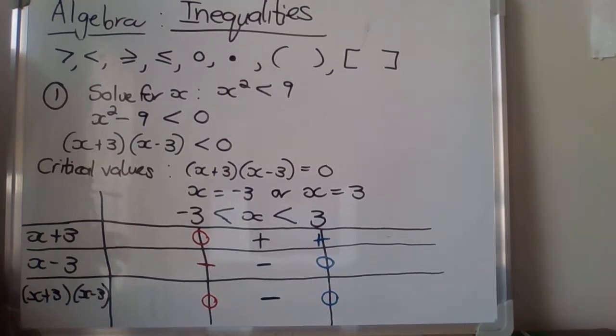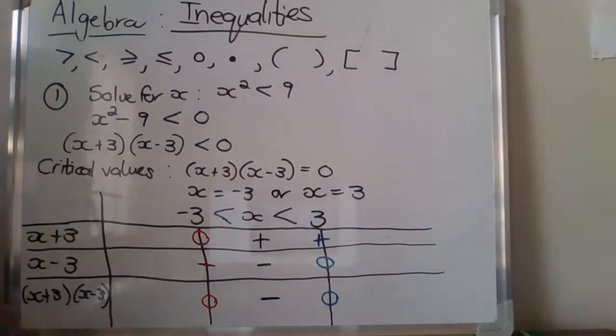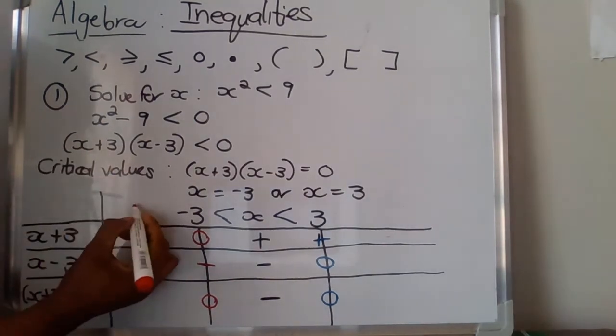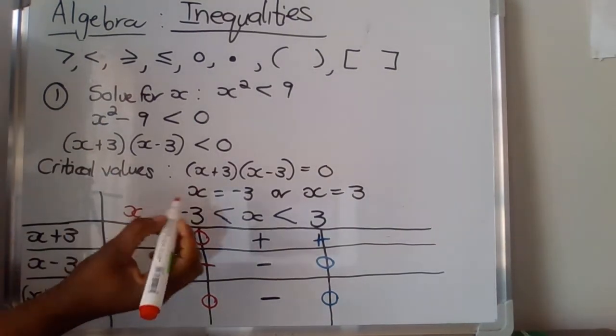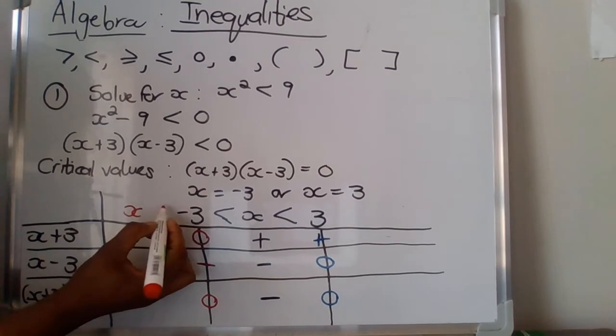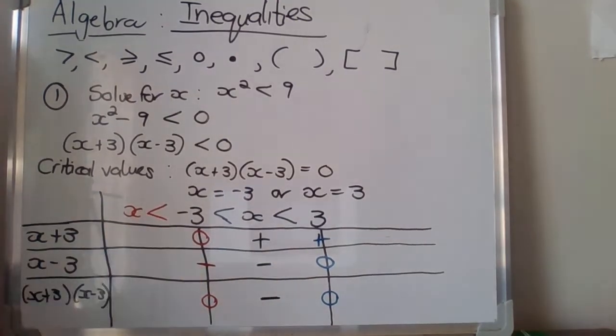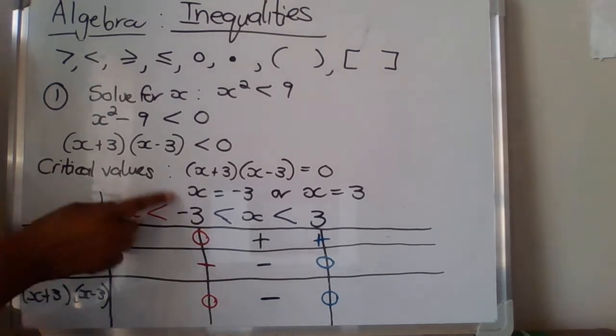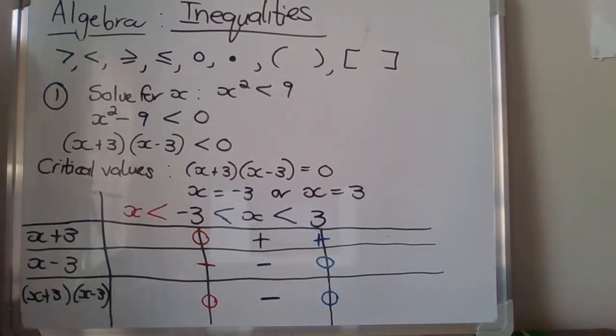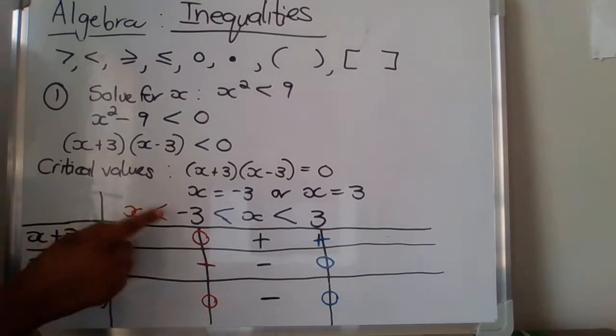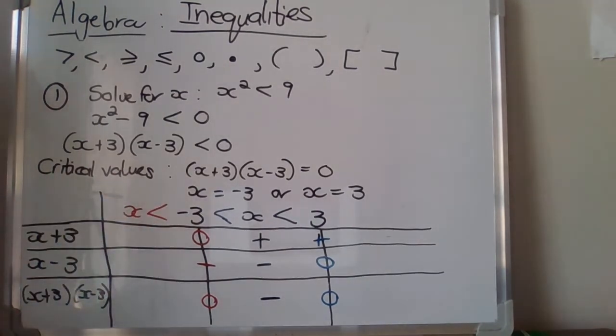Okay. Then on either side of these, I want to know what happens when x is less than minus 3. So I choose any value that's less than minus 3. Let's choose minus 4.